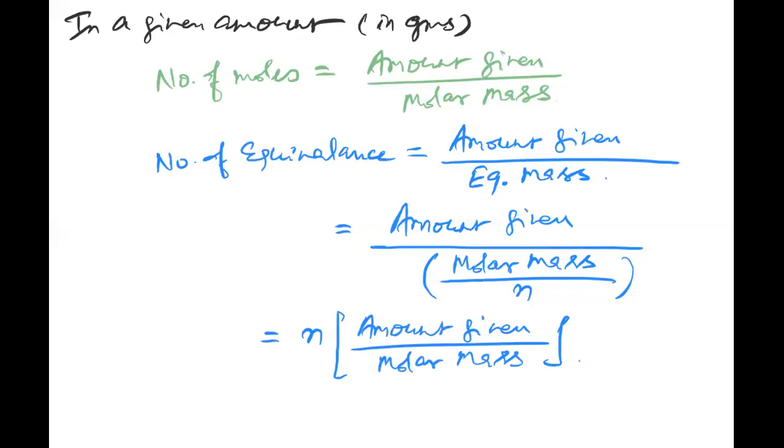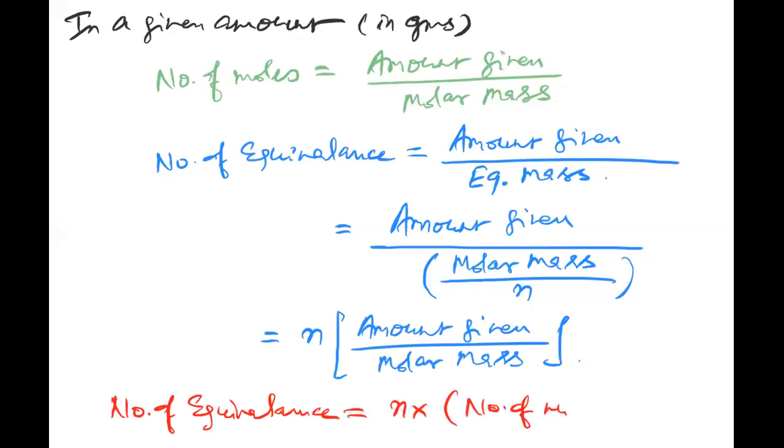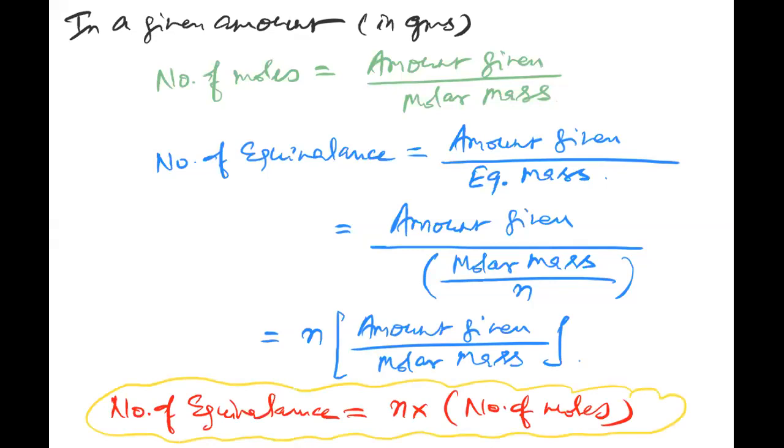Amount given divided by molar mass is number of moles, and from here, number of equivalents should be equal to n factor multiplied by number of moles.